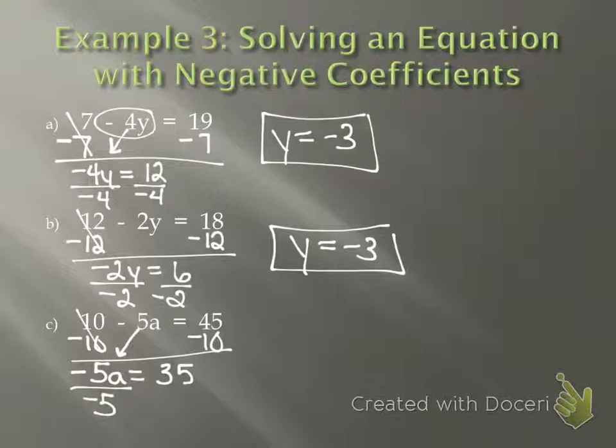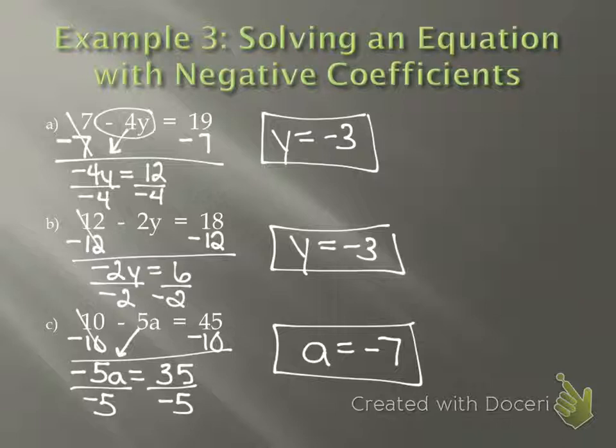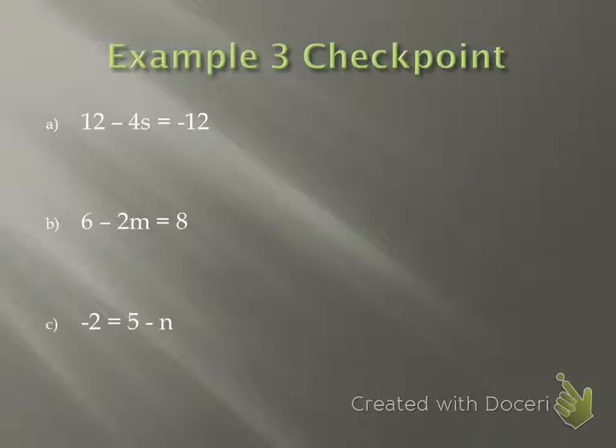So don't forget your signs. Divide by negative 5 and a equals negative 7. Working with negatives, I want you to do the checkpoint numbers 10 through 12 on the bottom of page 121.